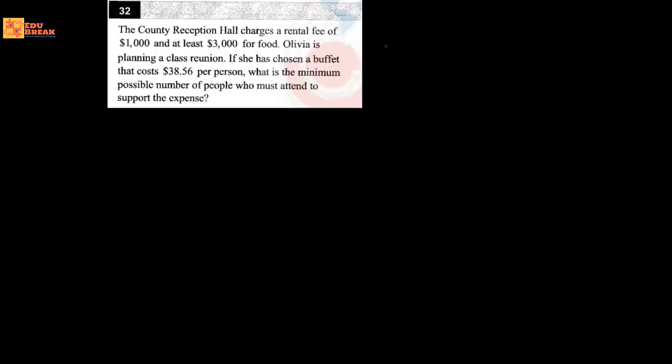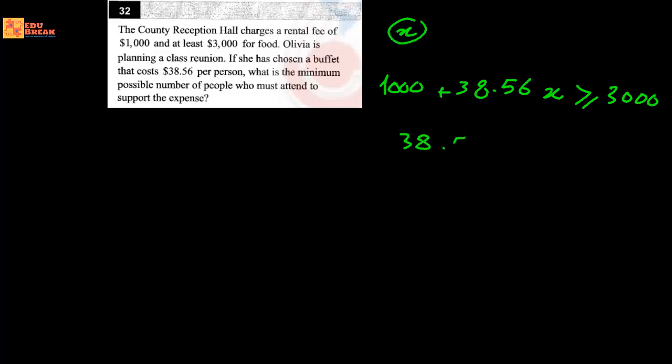Okay, to support the expense, the number of people is x, so the initial fee, which is 1,000, plus 38.56 times x is greater than or equal to 3,000.